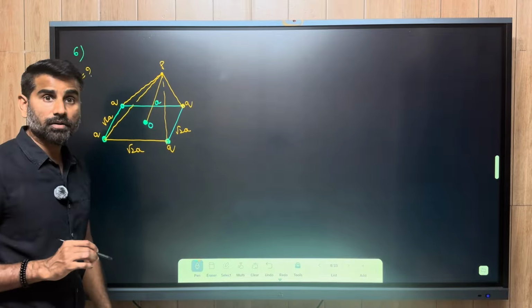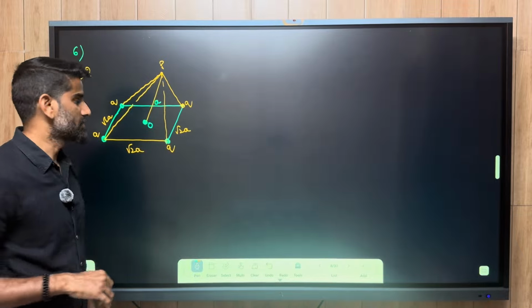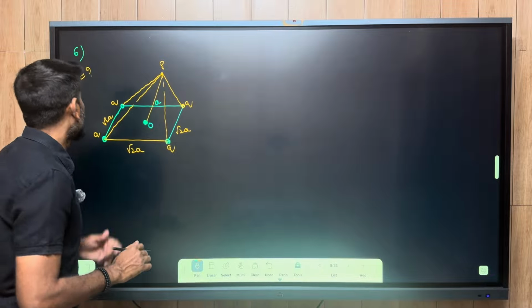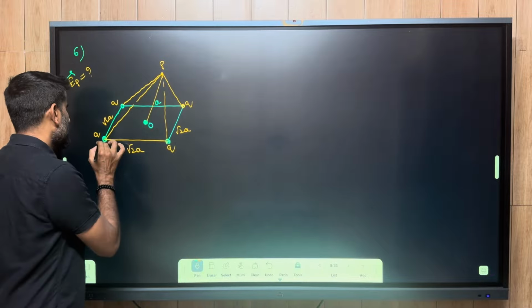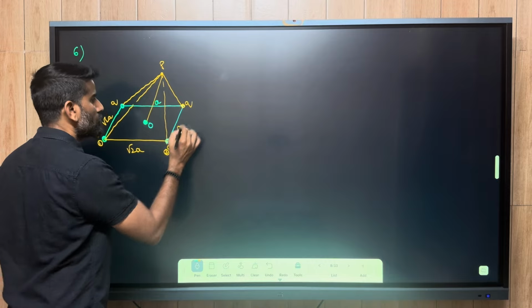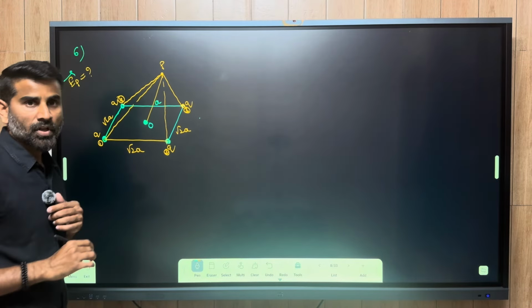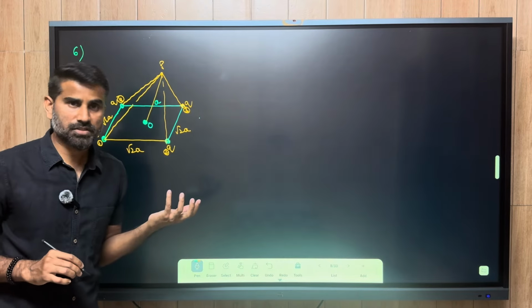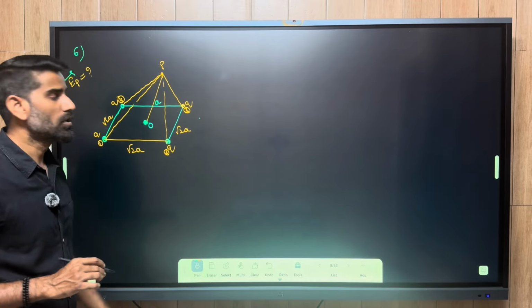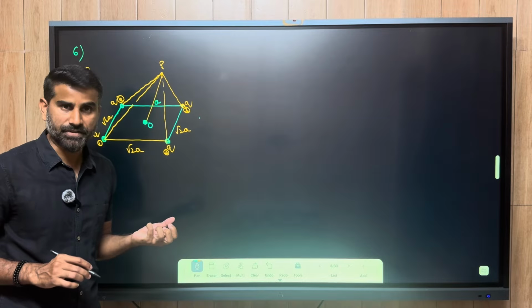I have to use the vector representation of electric field due to a point charge. Now I am naming the charges: this is location 1, location 2, location 3, location 4. So to use the vector representation of electric field due to a point charge, I have to define the x and y axes first.